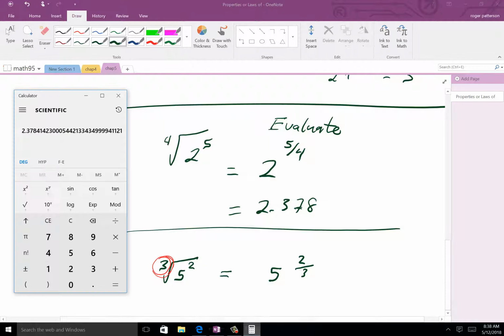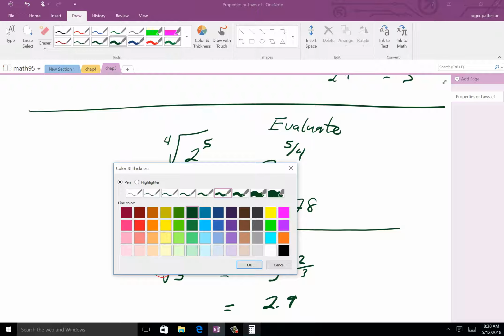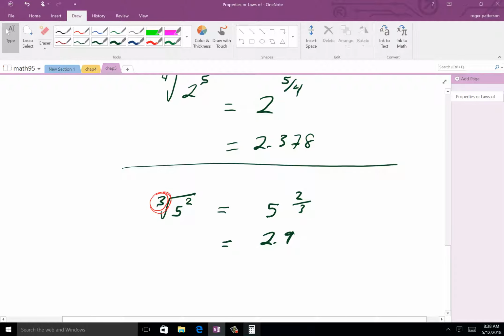All right, take my calculator out, put this in. I really don't need that little root button that we were using before, because I know fractional exponents, so I can put this in. There are actually some calculators out there that don't have that root option, and you have to use fractional exponents.